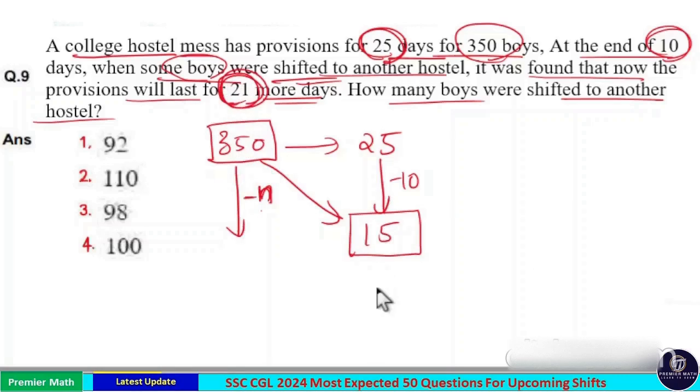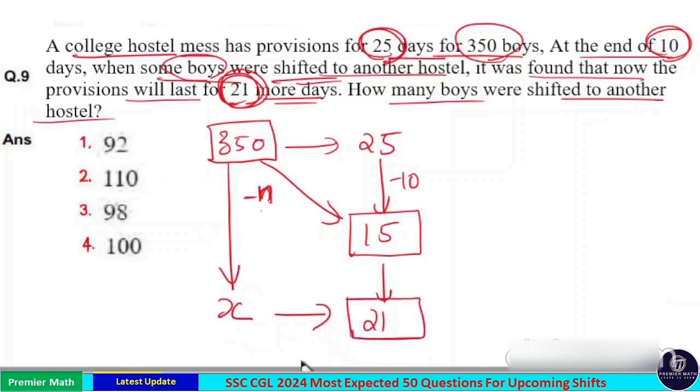That is, 15 increased to 21. For 350 minus n boys, I will take it as x number of boys. That is, for x number of boys, food will now last for 21 days. You can see, after 10 days, for 350 boys, food will last for 15 days.